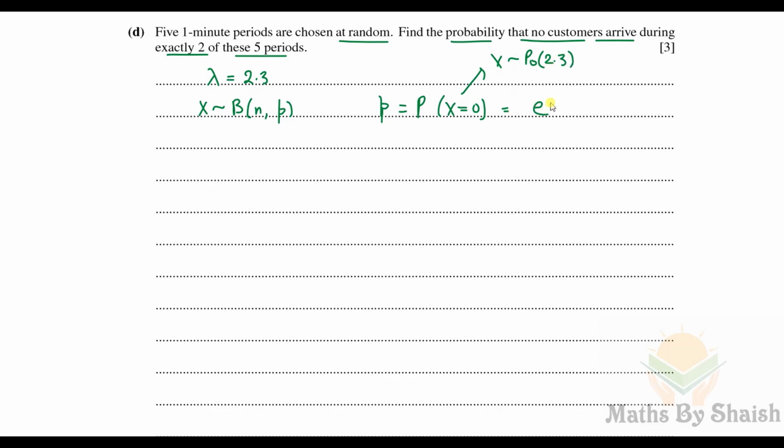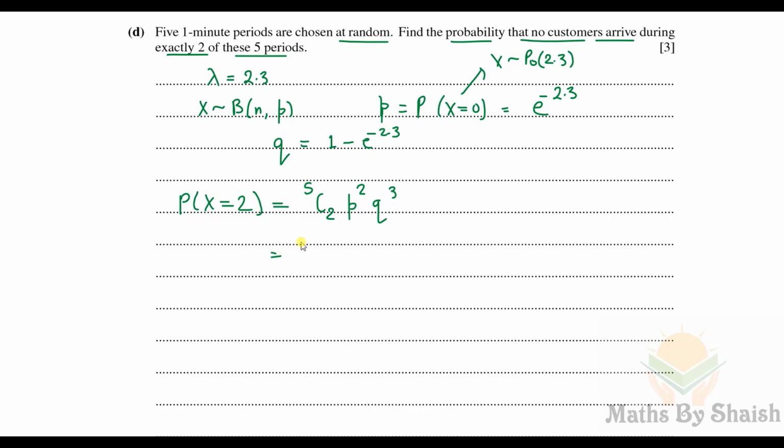So it is e to the power minus 2.3 multiplied by 1, that is this only, and hence q is going to be 1 minus e to the power minus 2.3. And hence the probability we are going to find is P(X = 2), exactly 2.